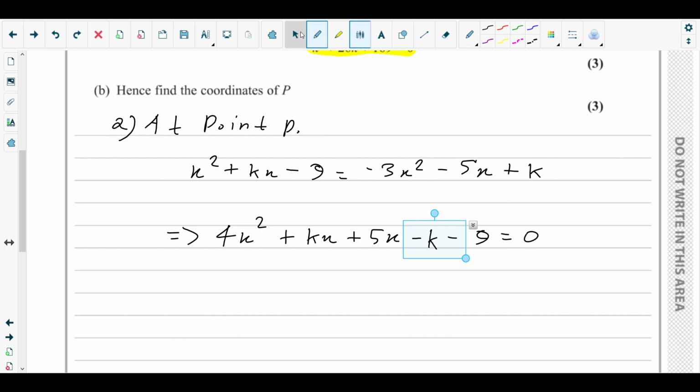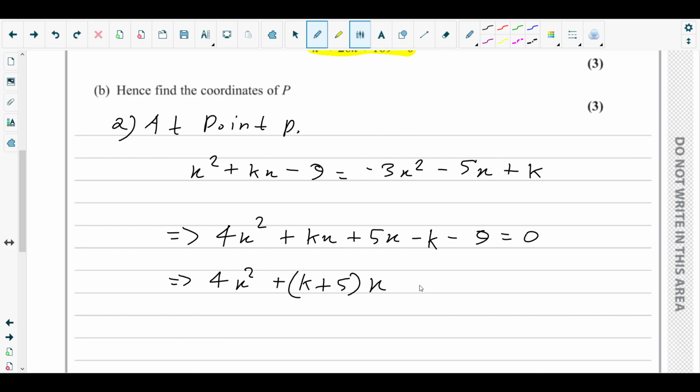Now let's represent it in the form of a quadratic equation, that is ax squared plus bx plus c. So k plus 5, this is b, since it is the coefficient of x.